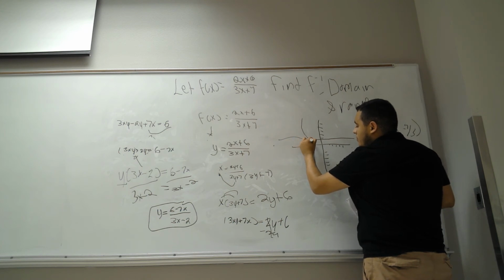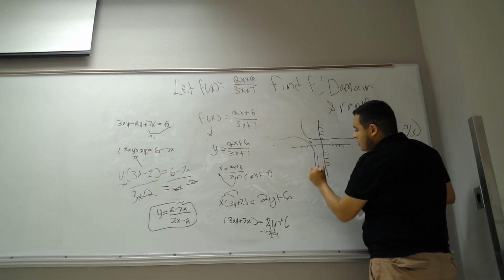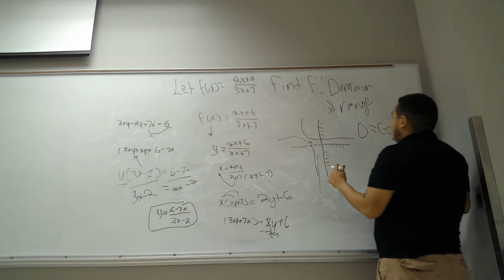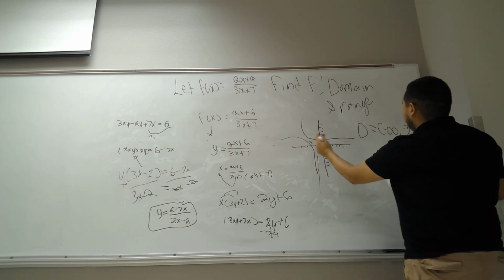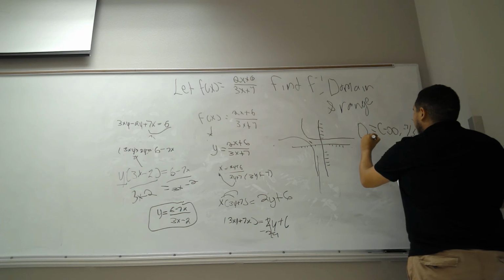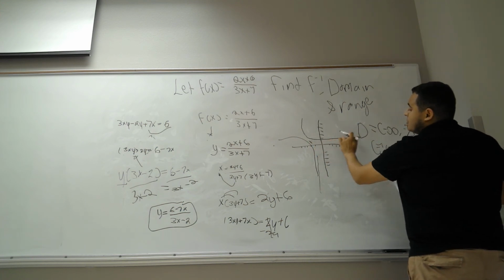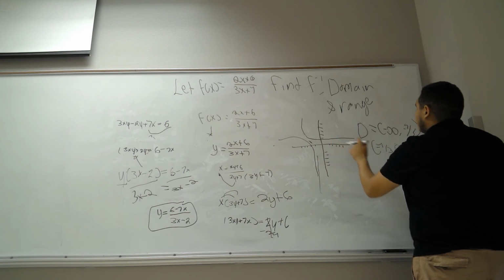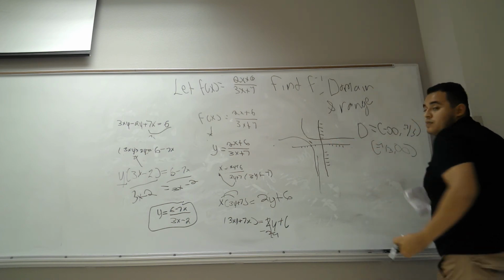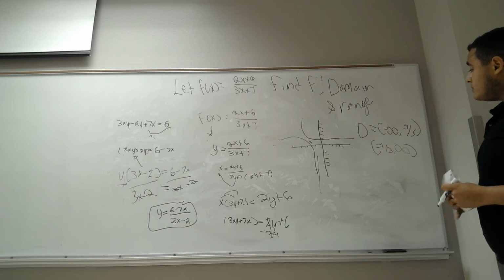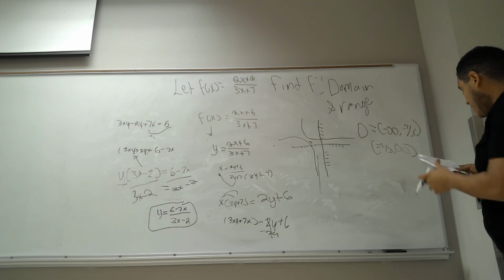It goes down, but it won't go any further, and the domain will continue from negative 7 over 3 to positive infinity. As you can see, it goes this way non-stop. So right there you have the domain, and now what we're trying to find is the range.